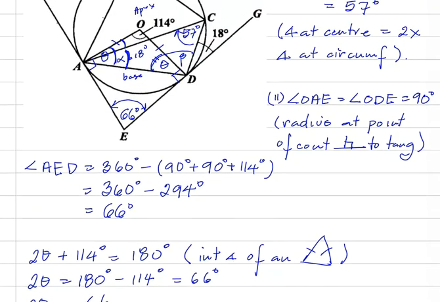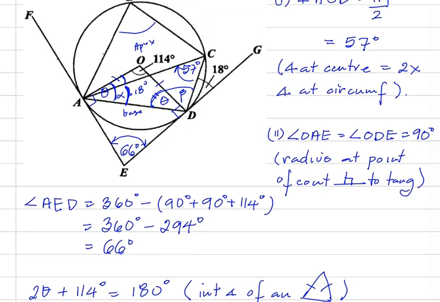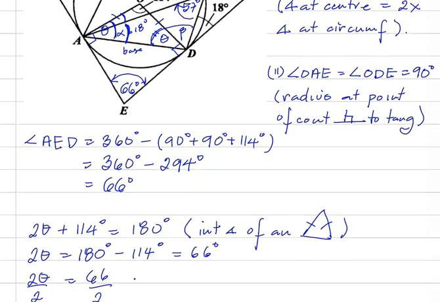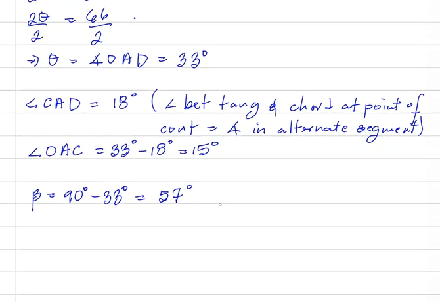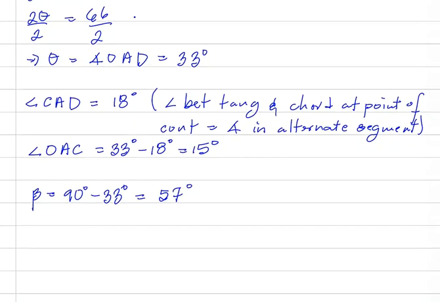It's supposed to be 90 minus 18. Angle ODG is 90 degrees, and this little piece is 18. So if I take away 18 from 90, I would get this piece here, which is beta. So it's actually 90 minus 18, which would be 72 degrees. So this is 72 degrees.